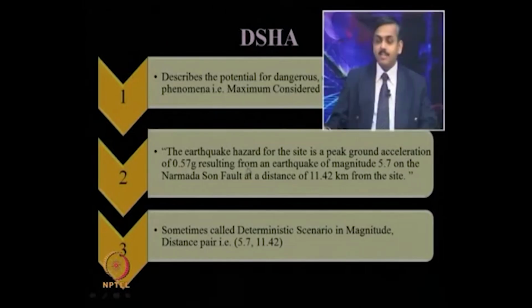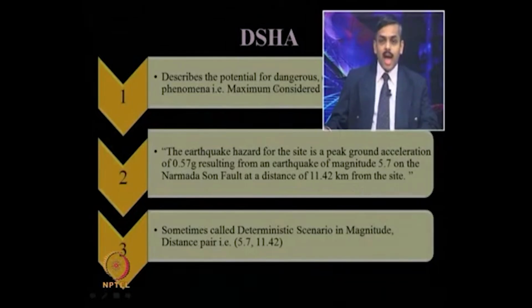So, the earthquake hazard for the site is a peak ground acceleration of, let us say, 0.57 g, resulting from an earthquake of magnitude, say, 5.7 on a particular fault which has been obtained, say the Narmada Son fault, at a distance of 11.42 kilometer from the site.